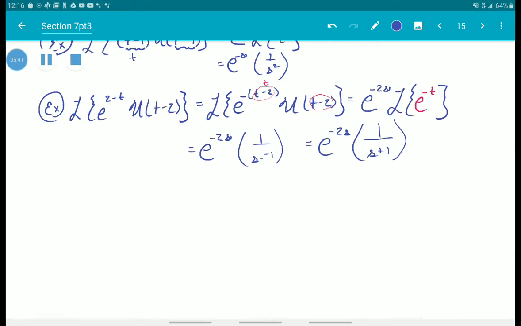And let's do another one. Let's say we want to find the Laplace of 3t plus 1 times the unit step of t minus 1. So it would take a lot of work to try to rewrite this in terms of t minus 1. That's where that alternative form of the second translation theorem is going to come in handy.